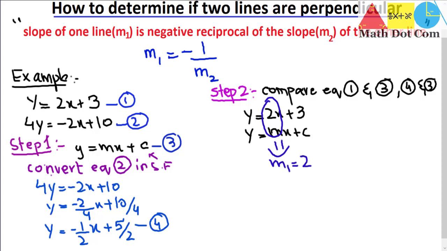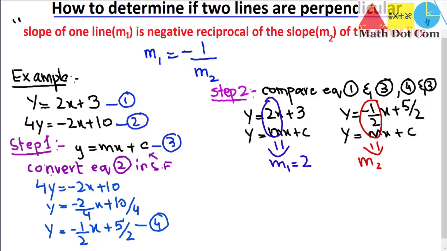Now if I compare equation 4, that is y is equal to minus 1 by 2 x plus 5 by 2, with the standard equation y is equal to mx plus c, it is clear here that m is equal to minus 1 by 2. So we can say that m2 is equal to minus 1 by 2. These are the slopes of the two lines.